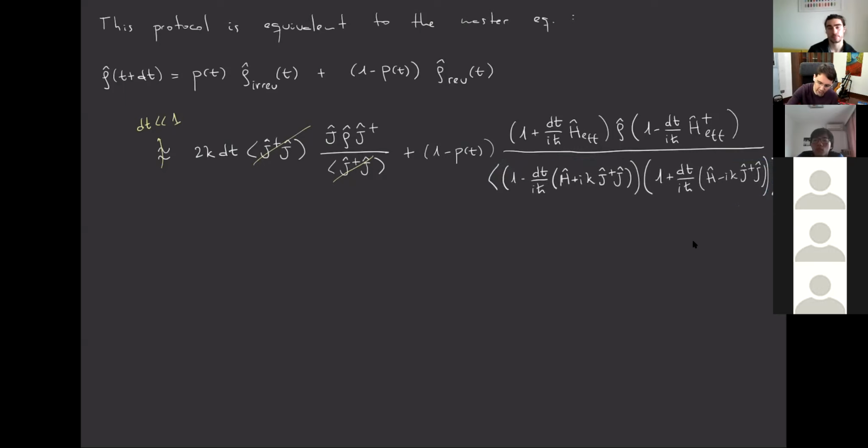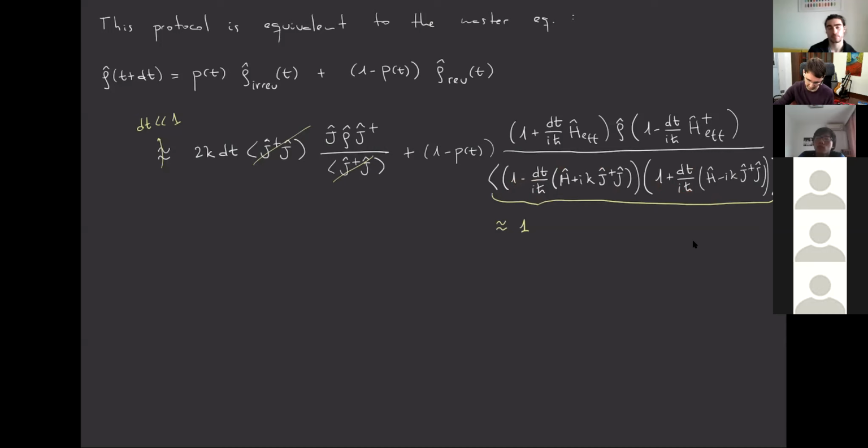Okay, so now it's very simple to expand this thing. First of all, if you just keep terms up to order dt, we get the 1, then the multiplication of this times 1, and then plus this times 1.